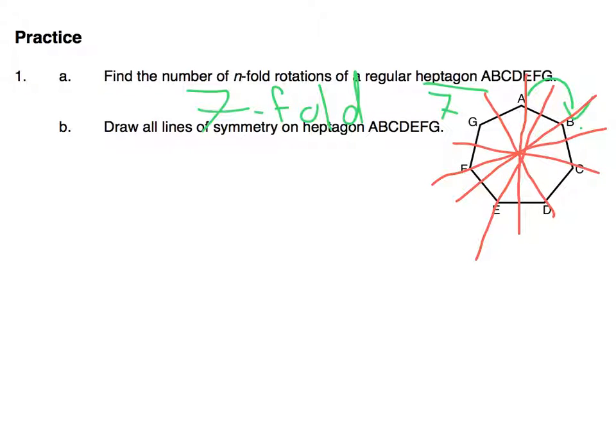The big thing is we need to make sure we get all 7. Ooh, that last one's terrible. Let me try that one again. We do need to get all 7 on there. And again, they should all meet at a point in the middle if you're doing them perfectly. They might not all be perfect, but they should be close. And that point in the middle, again, is what we call the center. You'll need that when you get to your homework, I believe.